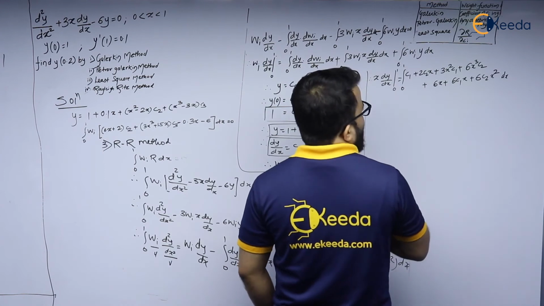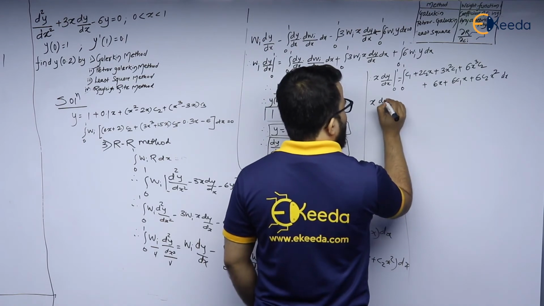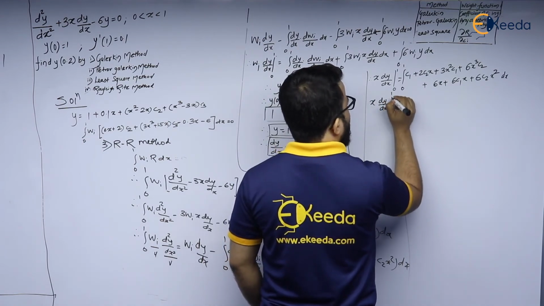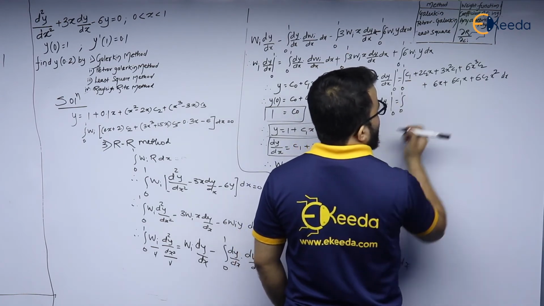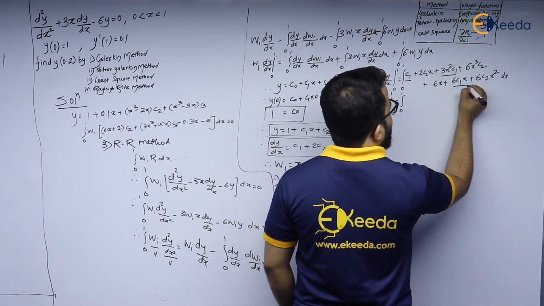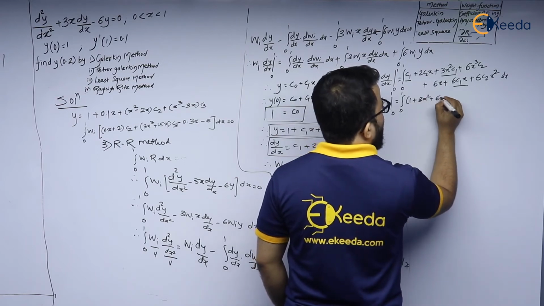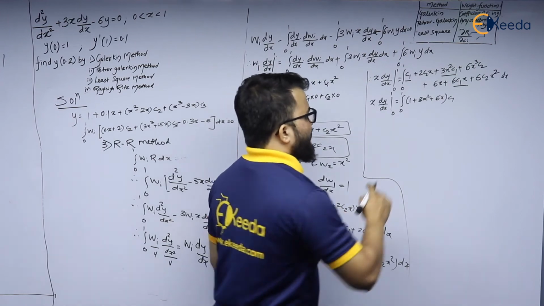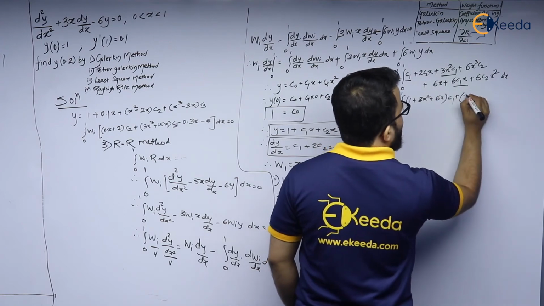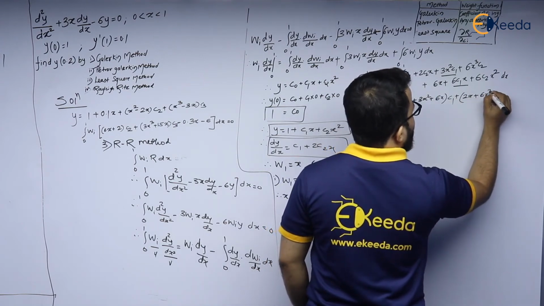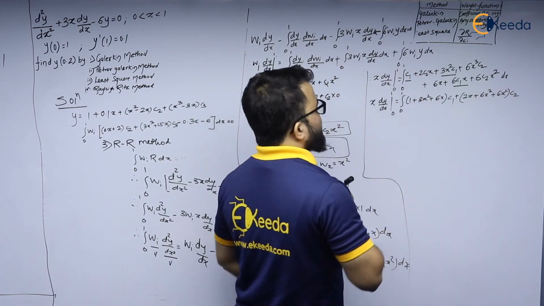Now I will take C1 as a common factor and C2 as a common factor. So x dy by dx from 0 to 1 equals, from 0 to 1, this is a C1 term, this is also a C1 term, and this is also a C1 term. Taking C1 as common, I get 1 plus 3x square plus 6x into C1. For C2, I get 2x plus 6x cube plus 6x square into C2. This is my equation number 4.